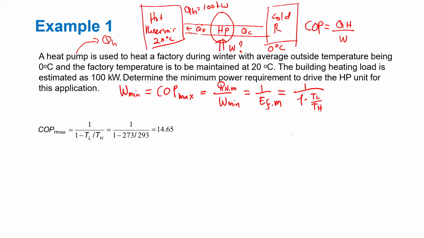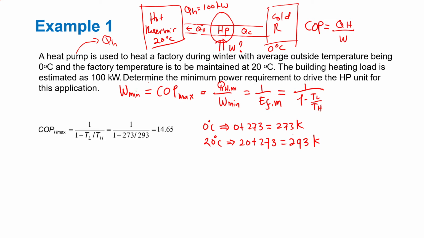We are given TL, converted to Kelvin: 0 degrees Celsius is 0 plus 273, equal to 273 Kelvin, and 20 degrees Celsius is 20 plus 273, equal to 293 Kelvin.